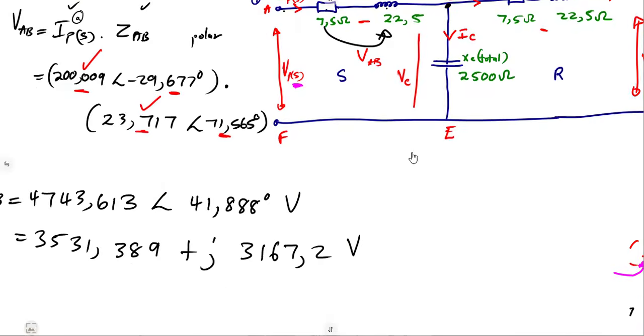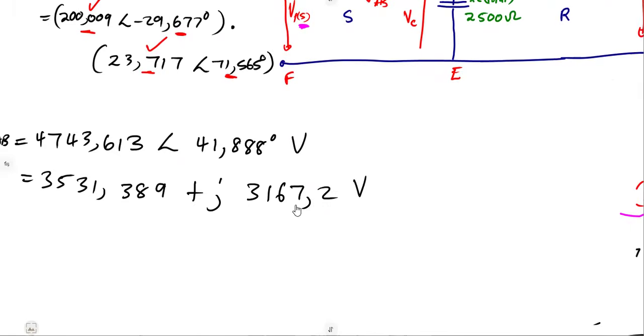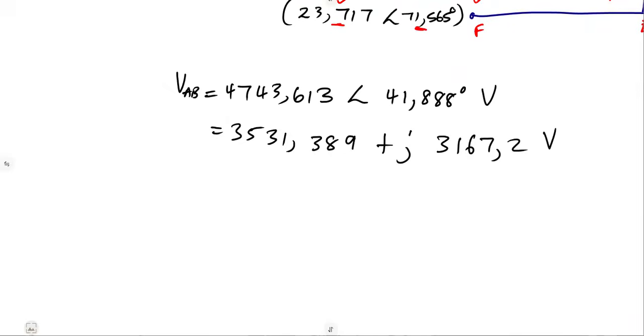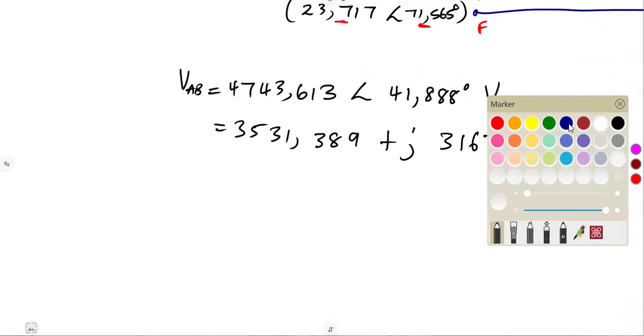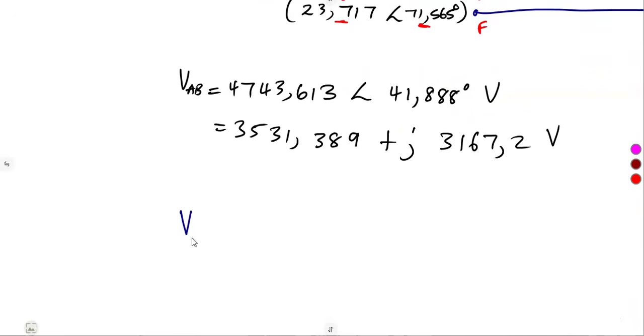Remember, from a smaller value to a bigger value, you're going to add. So the voltage on the sending side, working with the phase value of the sending side, is going to be VAB plus VC. VAB, we already have this value in rectangular form.